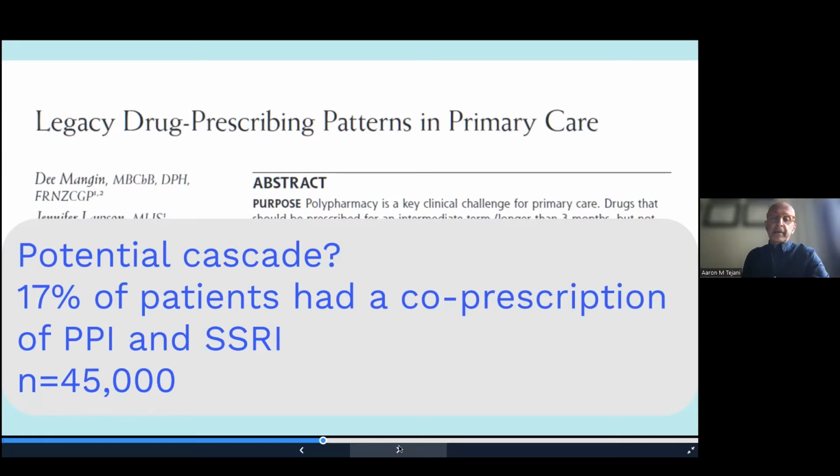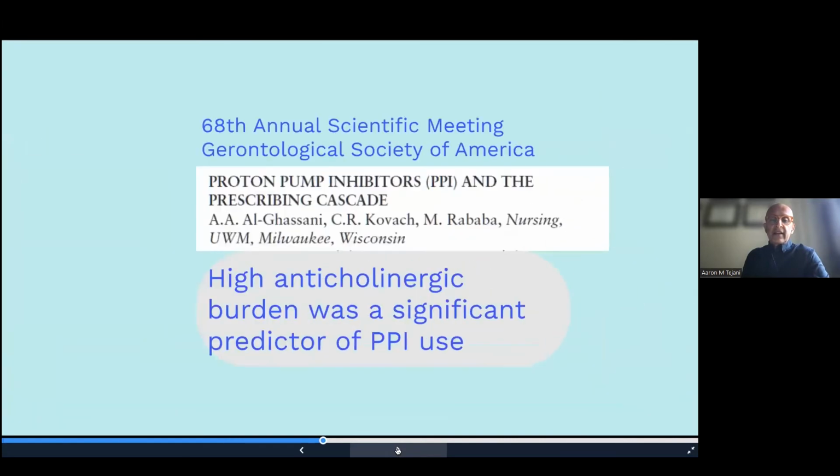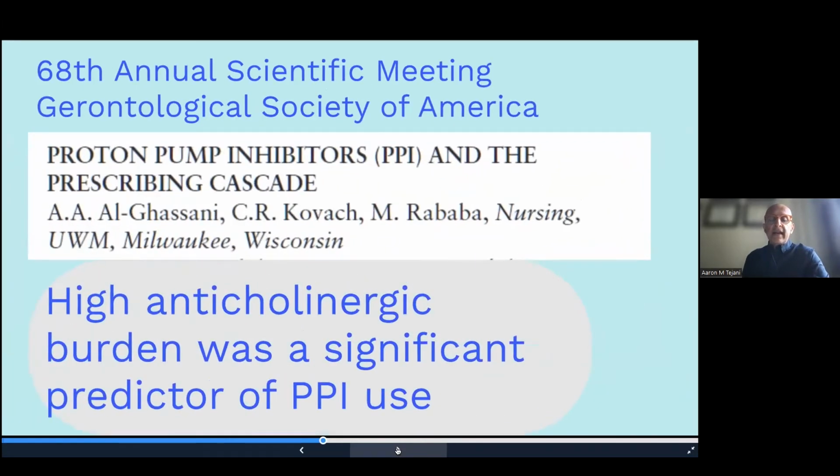It did come up in my search because she mentions the idea. I couldn't find any other studies specifically looking at PPIs and SSRIs. However, there is a study that I found that talked about anticholinergic burden, and that was a significant predictor of PPI use. So I think there's something to this, and it may be worth looking at ways in which we can investigate this maybe locally.